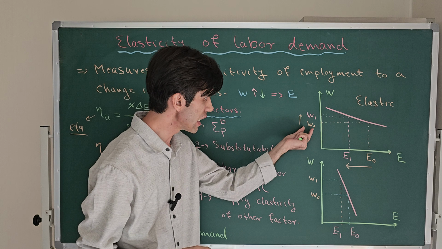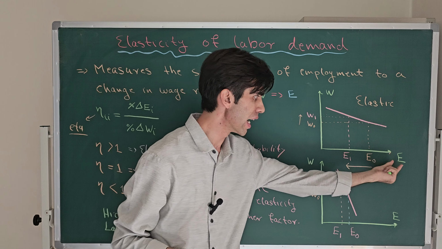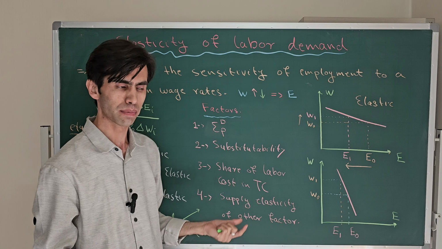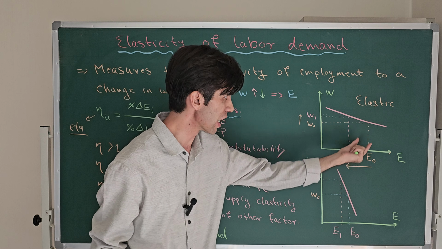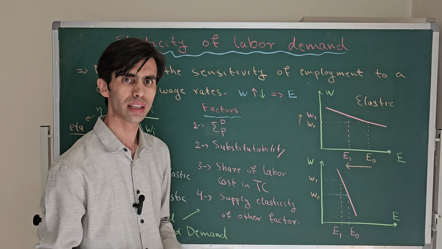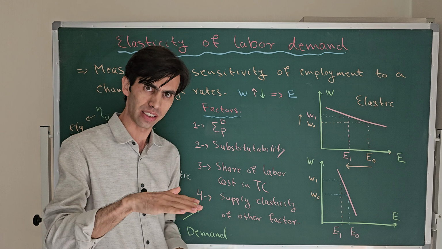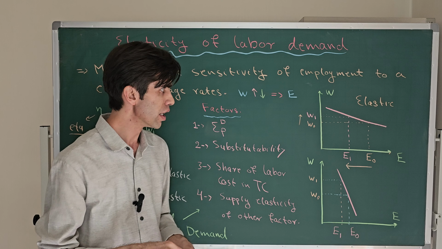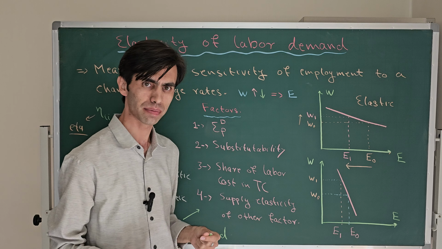A small increase in wage rate leads to a large decrease in employment level, which exactly shows this labor demand curve is elastic. The flatter the labor demand curve, the higher the elasticity of labor demand will be.